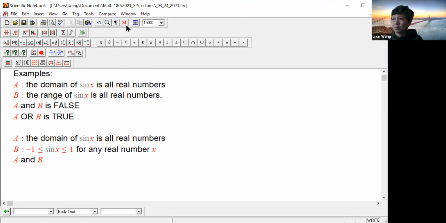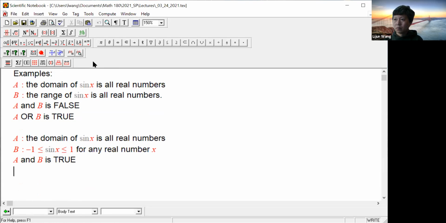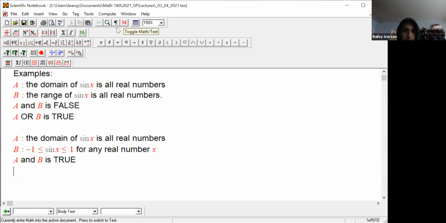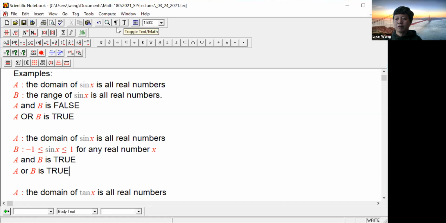True. Very good, because both are true, right? How about A or B? It would also be true. That's right. Excellent. You got logic in you. Does everybody follow?